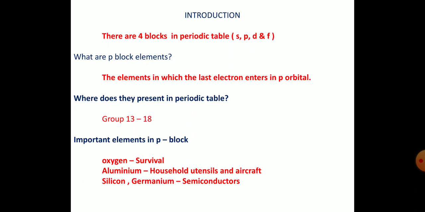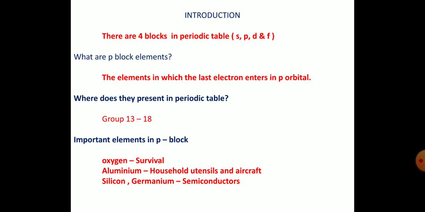Then in the periodic table, what is their position? As I told you already, group number 13 to 18, which means group number 13, 14, 15, 16, 17 and finally 18. Those groups are collectively called P block elements, which means in all these groups of elements, the last electron will be present in the p orbital.